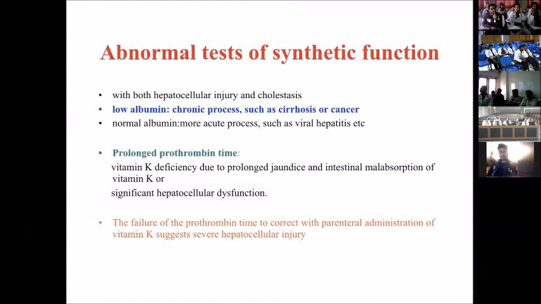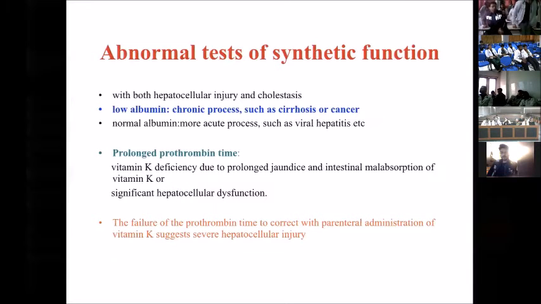And then a prolonged prothrombin time usually indicates both obstructive and hepatocellular damage, and reversibility by vitamin K can help in distinguishing between the hepatocellular and the obstructive variant.